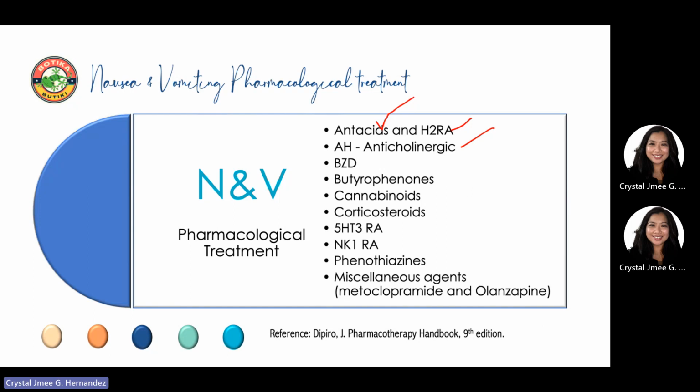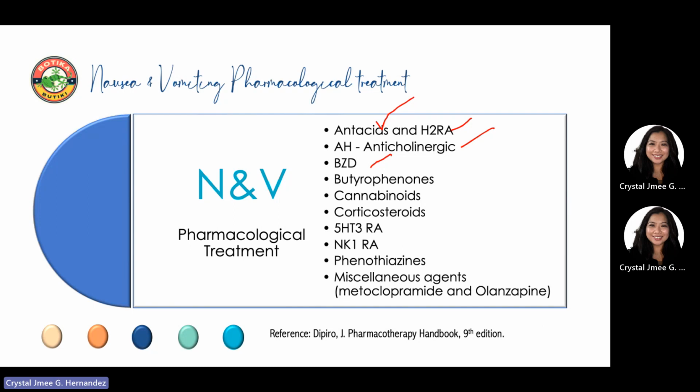We also have benzodiazepines. They are relatively weak antiemetics. If you can remember, we also mentioned that some benzodiazepines can trigger nausea and vomiting. But in most cases, the benzodiazepine is used to prevent anxiety or anticipatory nausea and vomiting.